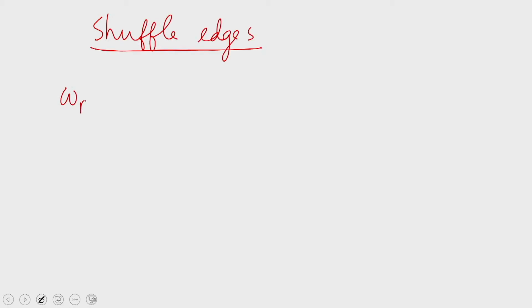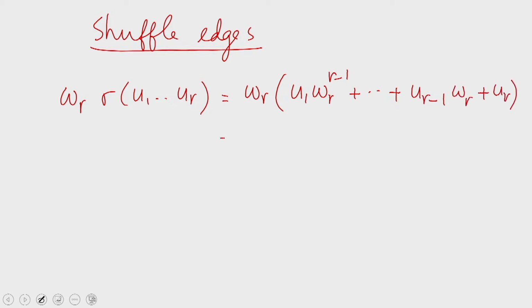Now let us see how the shuffle edges are mapped. To find out how shuffle edges are mapped, let us consider this quantity. Sigma of u is the complex number to which u is mapped. We multiply that complex number with omega r, substituting for sigma. This is what we get.